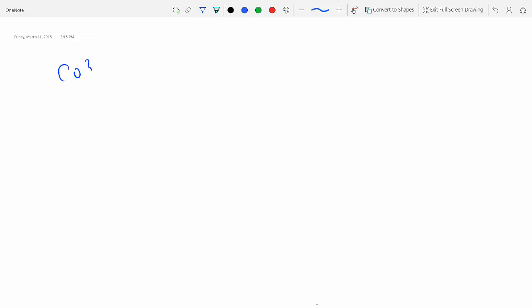Cosine 3 theta is the same thing as cosine of 2 theta plus theta. Do you agree to that? Isn't 3 theta just 2 theta plus theta? Of course. Okay, expand this.